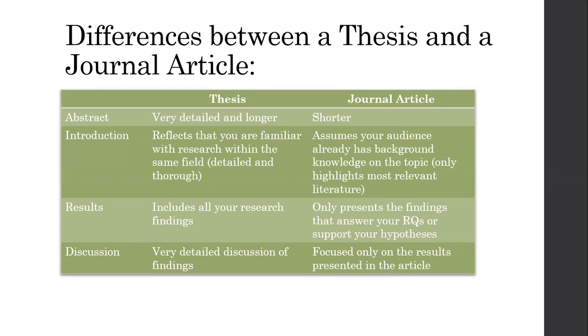Regarding the results, only present the findings that answer your research questions or support your hypothesis. Maybe you can find in the thesis some results that could be considered secondary, not the main results. So they should be avoided; just include in the journal article the findings related directly to the research question.